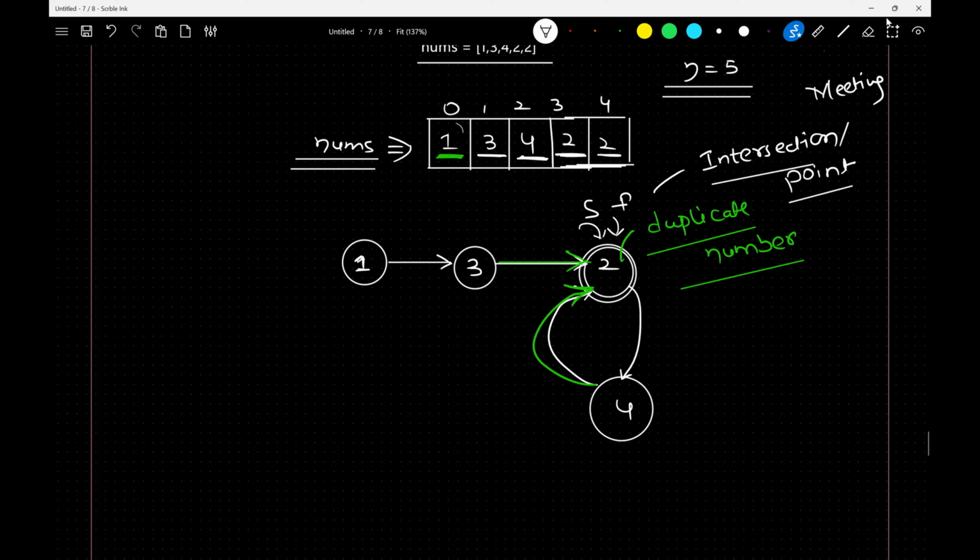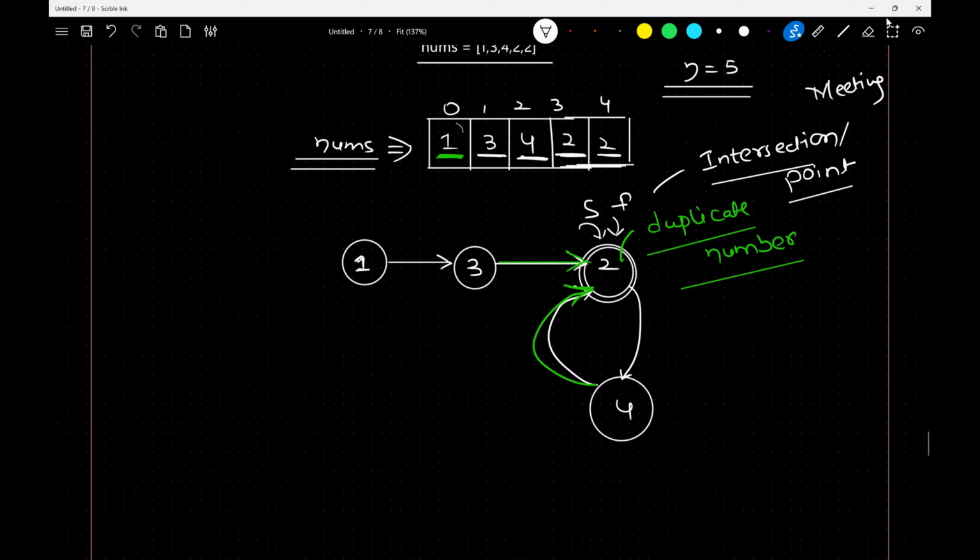One important thing to observe is that whatever value is available inside this list, we always have an index number for it. So I will have a list of numbers 1, 3, 4, 2, 2 with indices 0, 1, 2, 3, 4. The number of elements is 5.